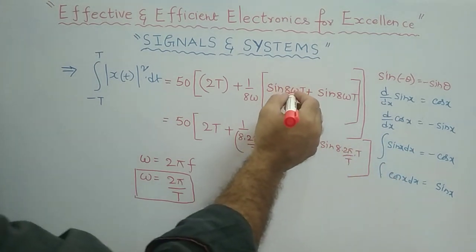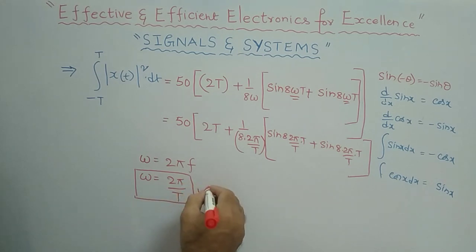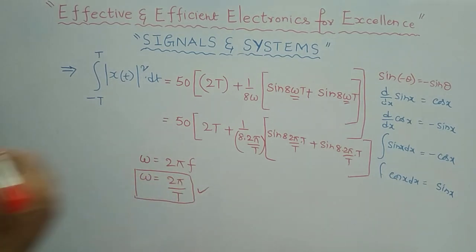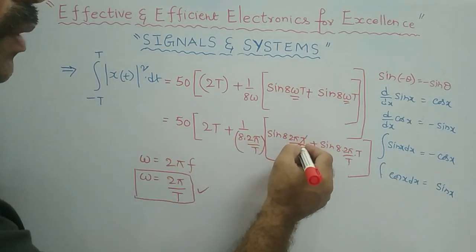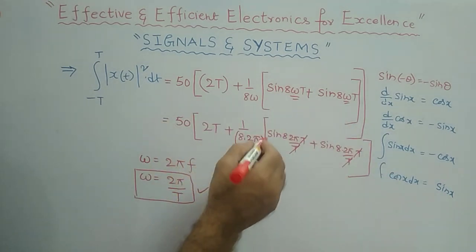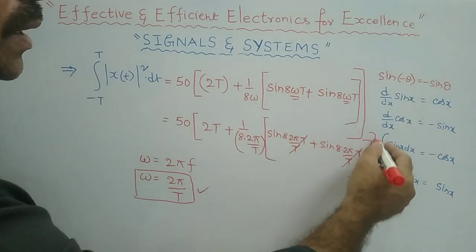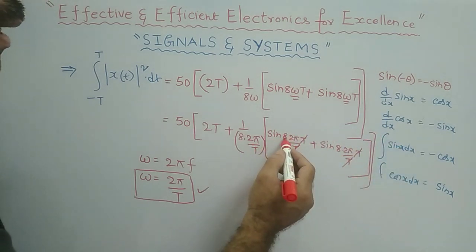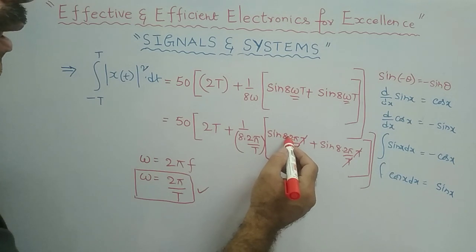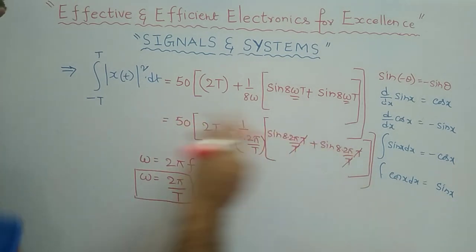In place of omega, you need to apply 2 pi by t. This you have to remember. Therefore, this t will be cancelled out, this t will be cancelled out. Then in the bracket term, sin of 8 into 2, it is 16 pi. Here also 16 pi.